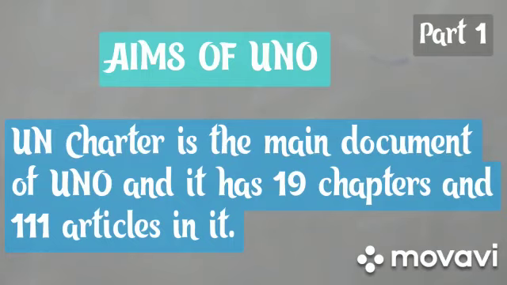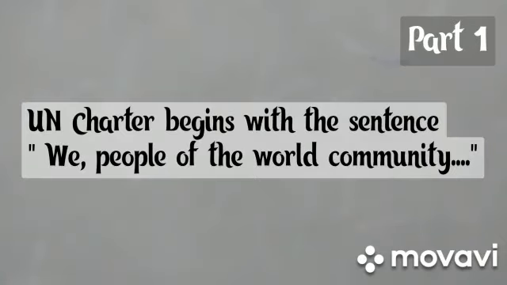And how many chapters does it have? The UN Charter has 19 chapters. And how many articles? 111 articles. Articles means the laws. The UN Charter begins with the sentence, "We the people of the world." Like how our preamble in the Constitution begins with, "We the people of India."